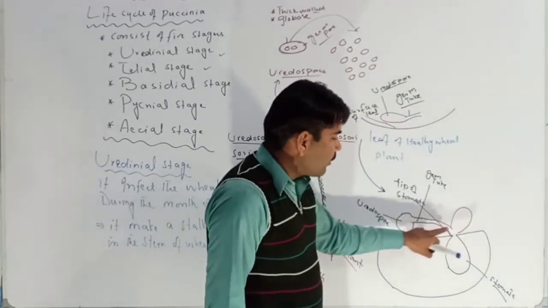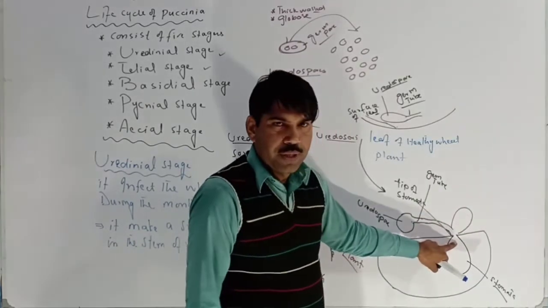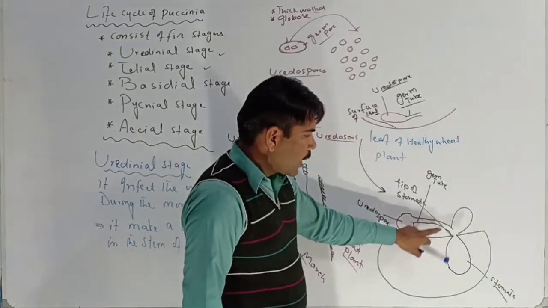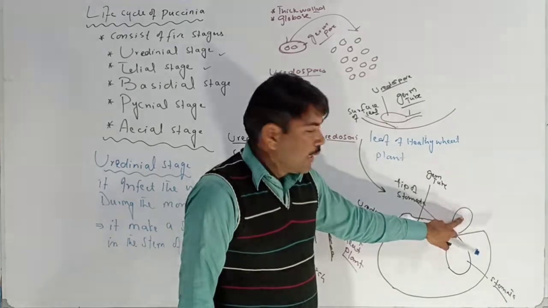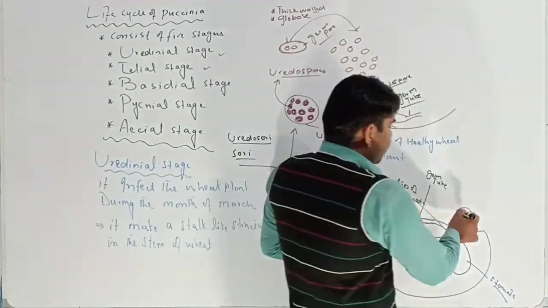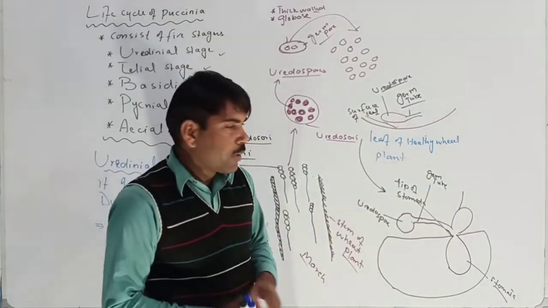And this is the swelling of the germ tube at the tip of the stoma. When the germ tube swells at the tip of the stoma, this swelling is known as the appressorium.